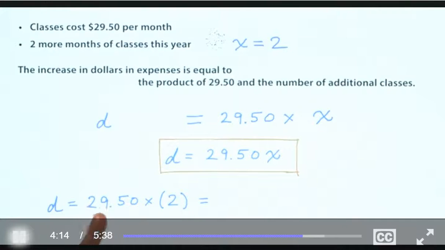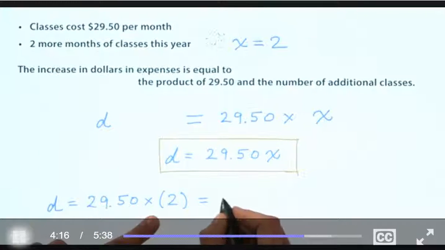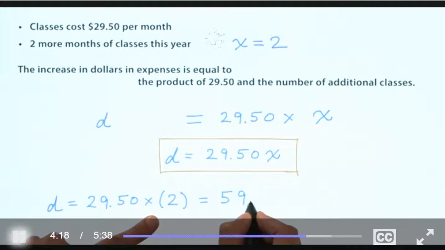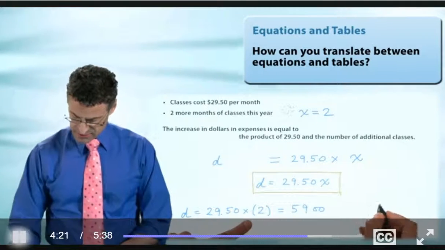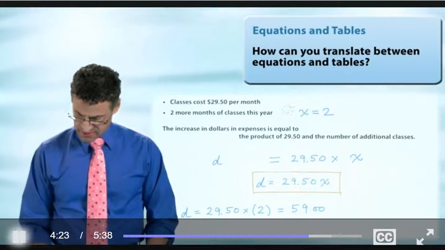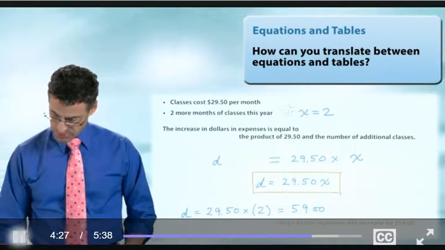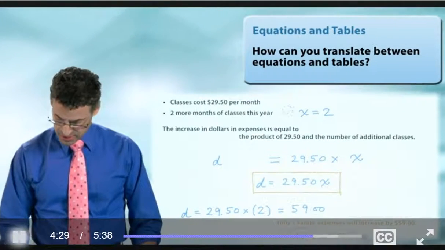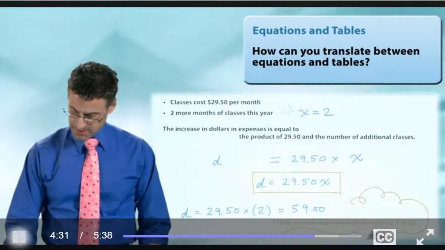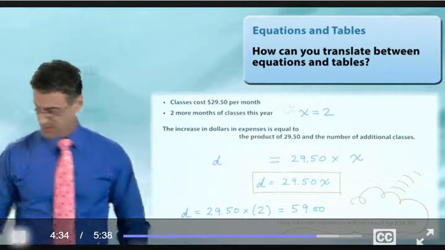And so what is 29.5 times 2? Well, that's 59. And so the answer would be that Tony's karate expenses will increase by $59. And there you have it.